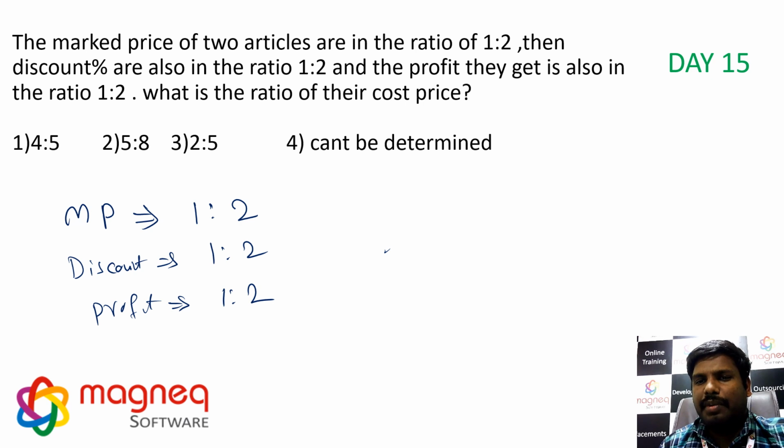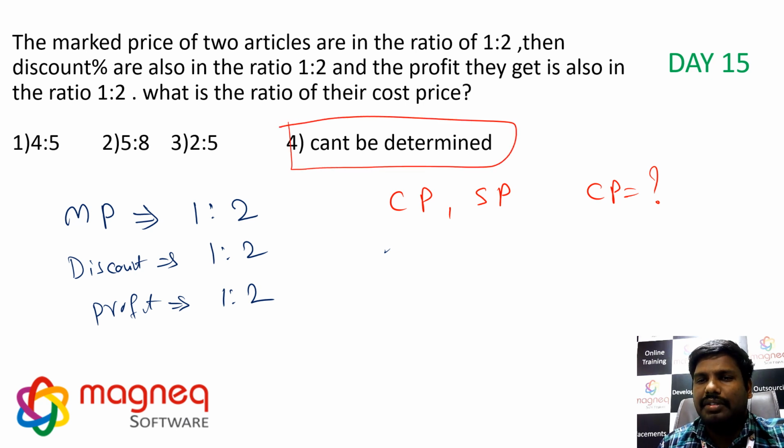But there is no information about cost price and selling price. We have to find out cost price. But if we assume different values for market price, we get different answers. So we cannot find out, means it cannot be determined.